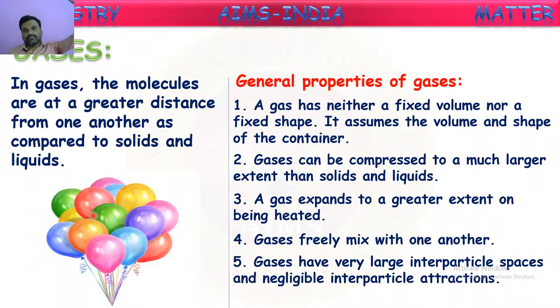Of course, they might be of the same gas. So the distance between these molecules will be very high. At the same time, the intermolecular attractions are very less. The friendship between the molecules is very less in the case of gases. So these are the general properties of gases.